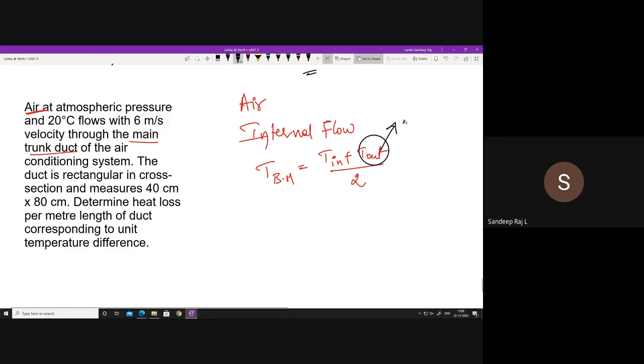It's not known, as T out is unknown. 20 degrees centigrade is actually T in. So you have to use T in itself. T in is 20 degrees centigrade. So at 20 degrees centigrade, all property values should be taken.